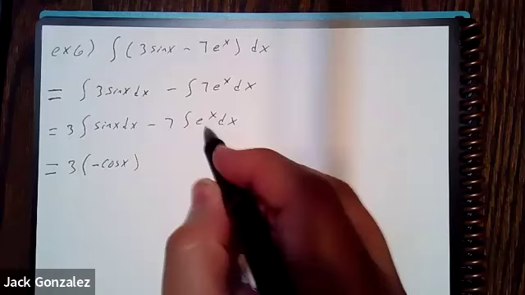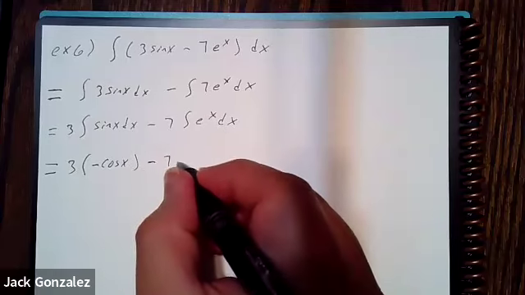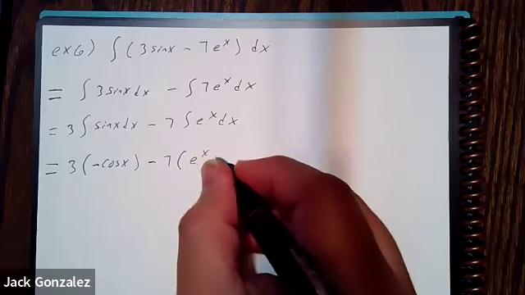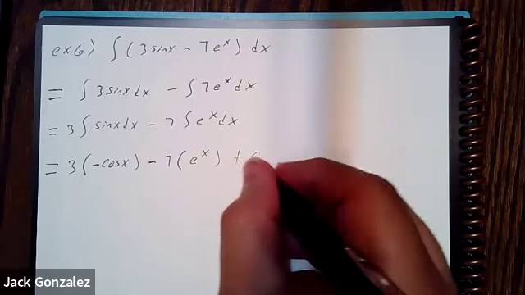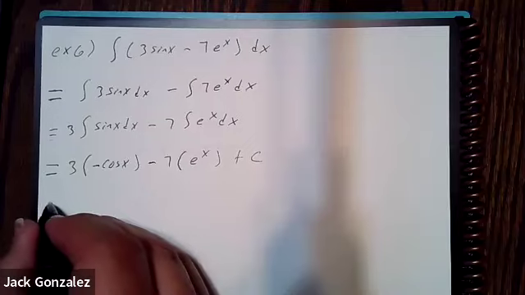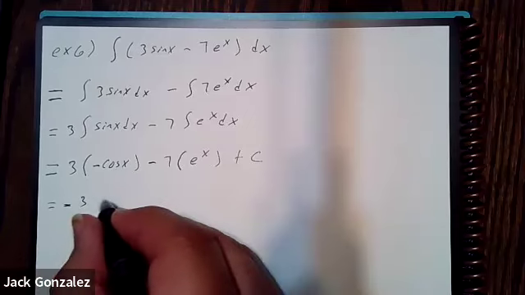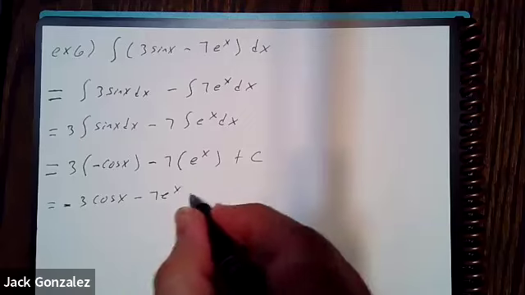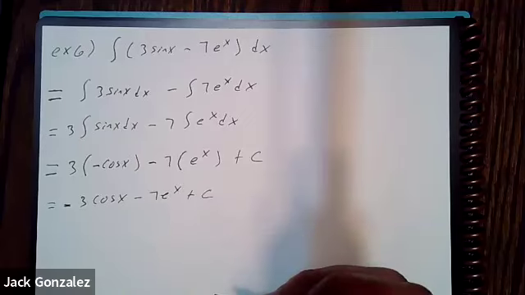The integral or antiderivative of e to the x should be the same, right? Like we expect. Your derivative is always the same, so the antiderivative should also be the same. Now we're pretty much done. Negative 3 cosine x minus 7 e to the x plus c.